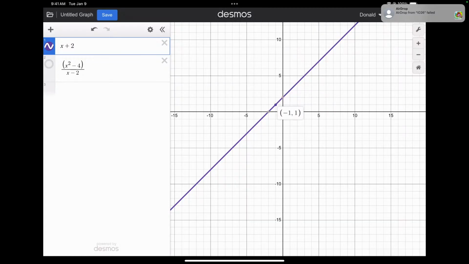Well, let's go to the other side. Oh, this is x plus 2. The hole. Because x cannot plug in there. If x plugs in there, it's not going to be defined, so there is something called a hole.